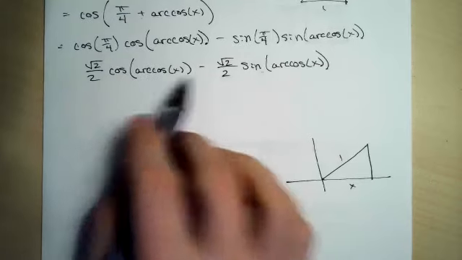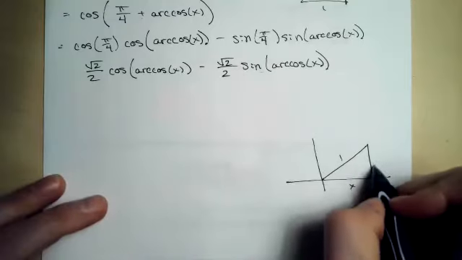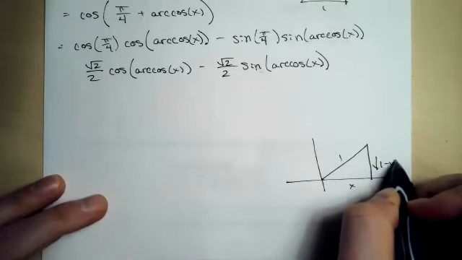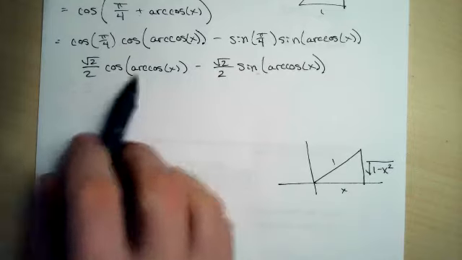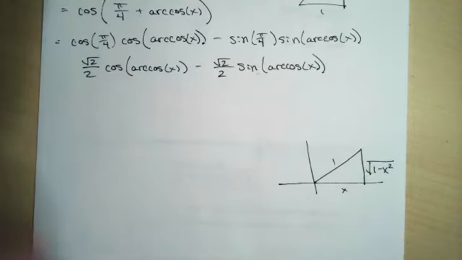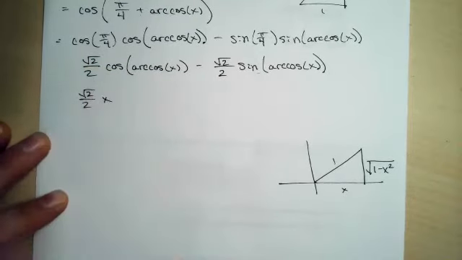The angle is going to be either in the first or second quadrant. Use the Pythagorean theorem, find the other side. So square root of 1 minus x squared for that. Now evaluate. So cosine and arc cosine undo each other. We'll be left with just an x there.